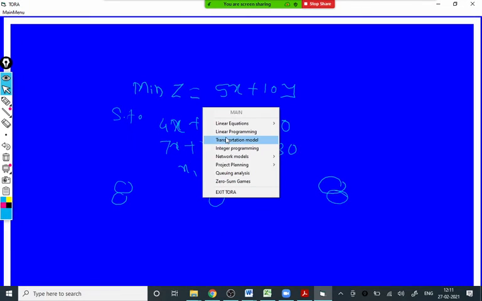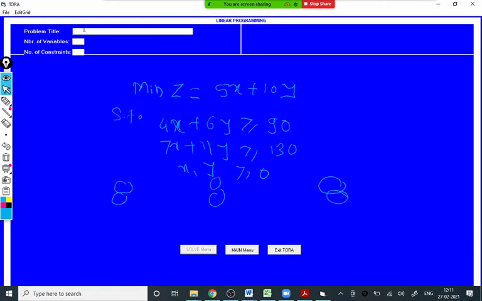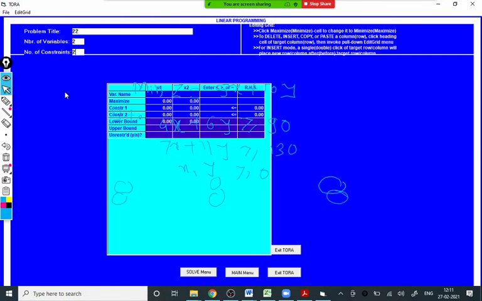So I will go to the main menu, linear programming, input screen. Just I will give a name. Two variables, two constraints, and I will enter. I'll give the names x and y to the variables. Then we have to not maximize now, we have to minimize.